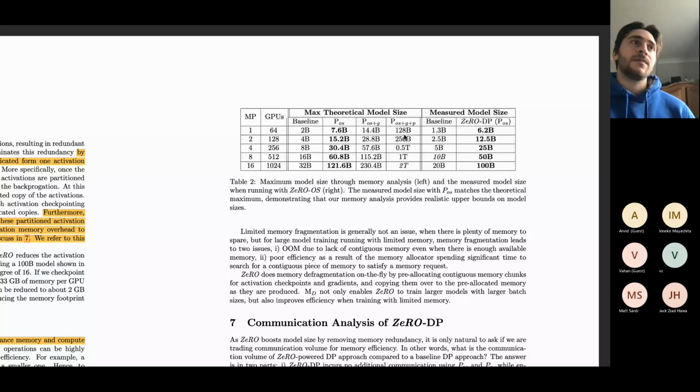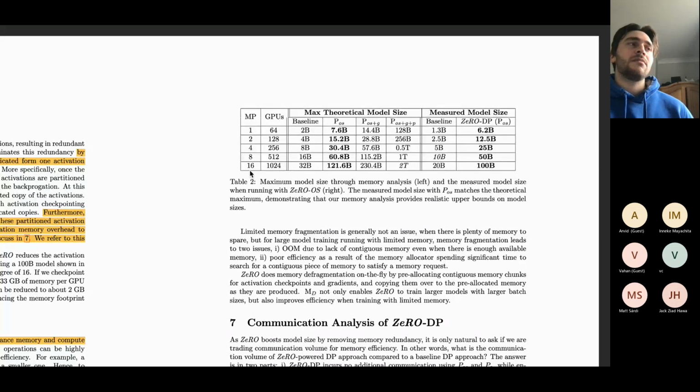And then, let's see, measured model size. For example, with just the first one, they said the theoretical model size was 7.6 billion, but if you look over here, they were able to make it 6.2.